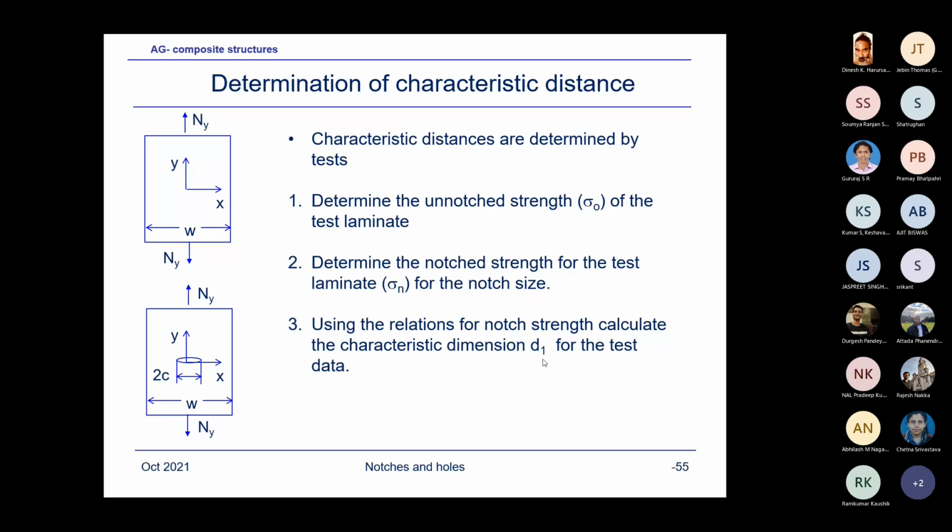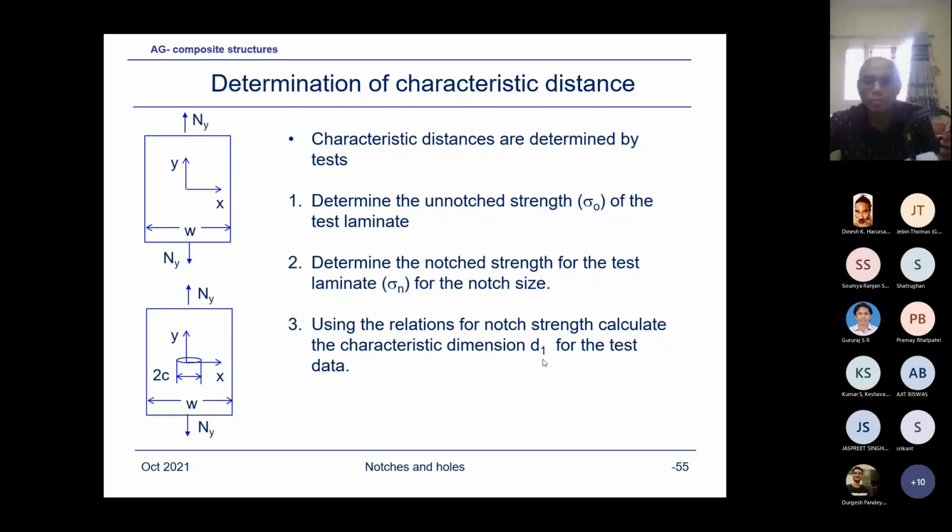So test different notch lengths, different layups, similar to what I said for the hole. And then you can determine these parameters with the layup, thickness, notch size, the material, because it's all dependent on many parameters like layup, material, notch size, and thickness.